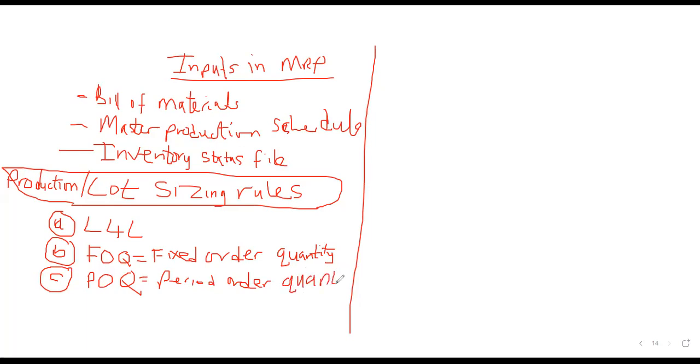You are just ordering a fixed amount every time. We should order 1,000 units, for example, without looking at whatever is required.